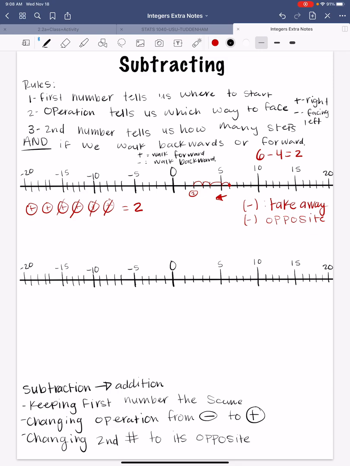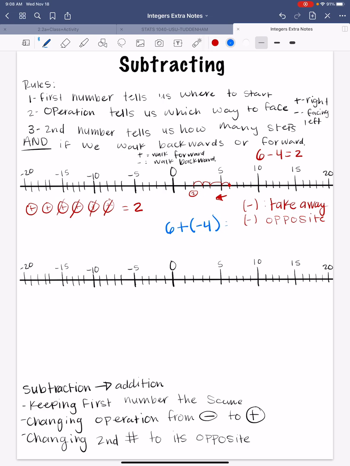So on the problem we just did, we would leave 6 the same. I'm going to change colors here so we can see the new problem. It would be 6. We change the sign from subtraction to addition. We change that last number to its opposite. So 6 plus negative 4.